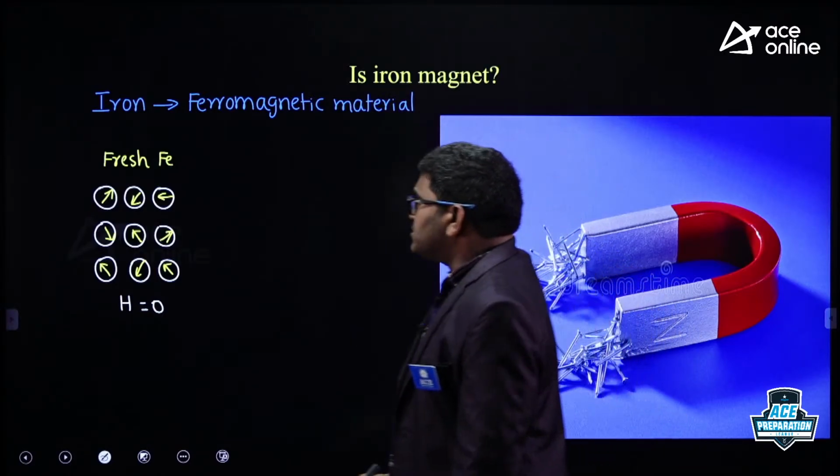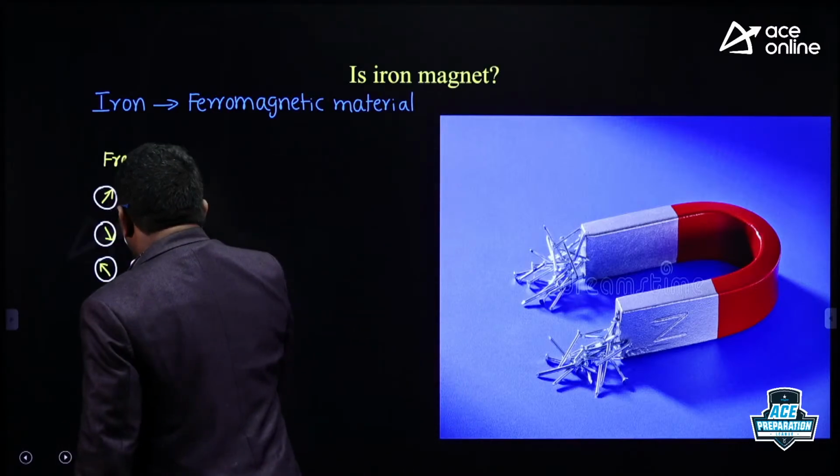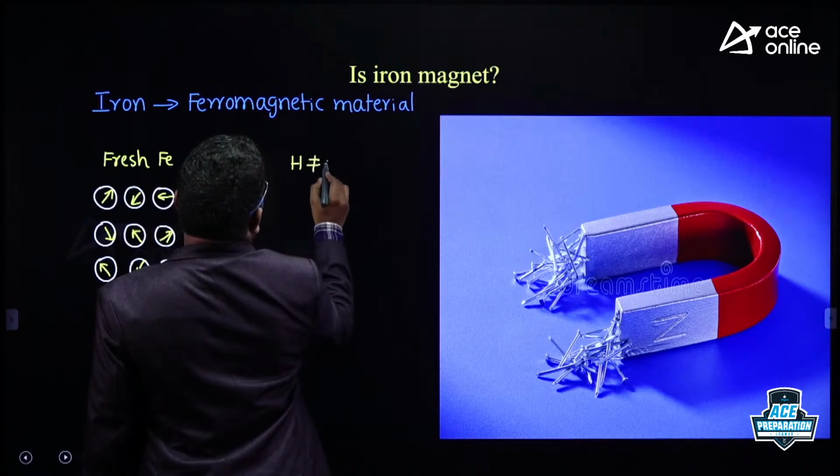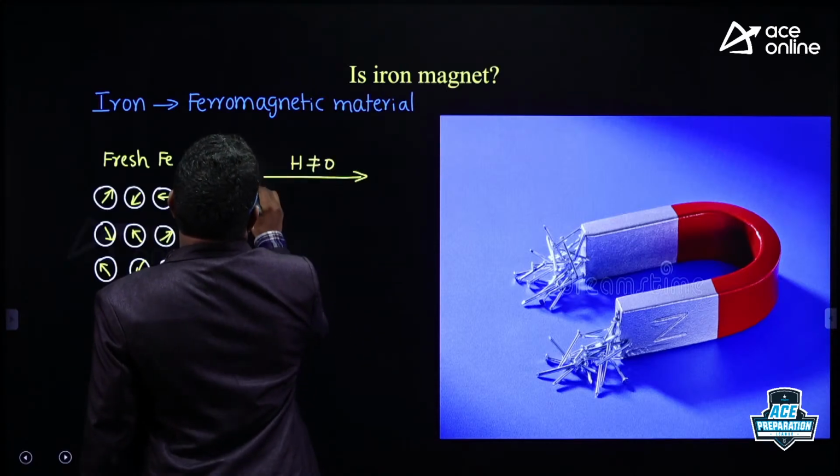But if you apply a magnetic field to the iron metal, let us take H, I am applying, H is not 0, I am applying the magnetic field in this direction.